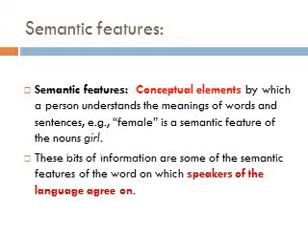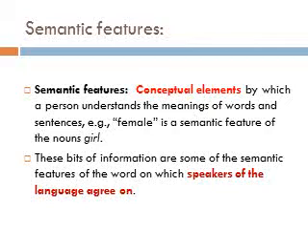So these bits of information are some of the semantic features of the word on which speakers of the language agree. Again, we as speakers of the language implicitly agree that there are some crucial semantic features that exist within the meaning of different nouns or verbs. Like the noun girl, for example, must have the semantic feature plus female.